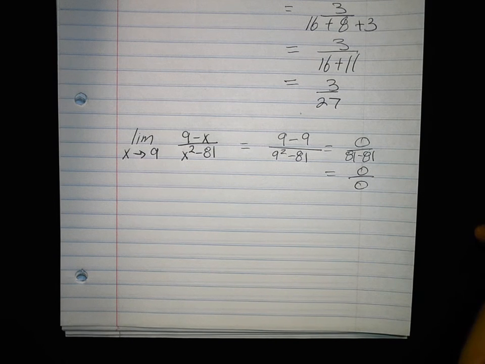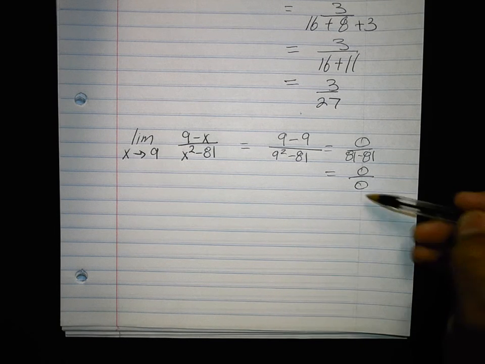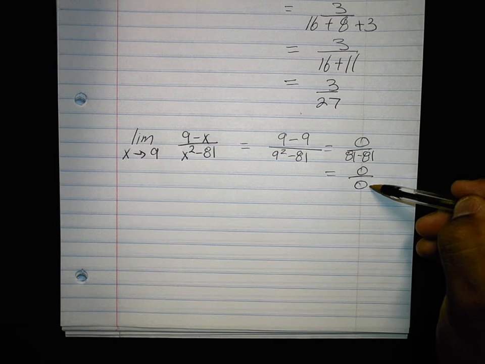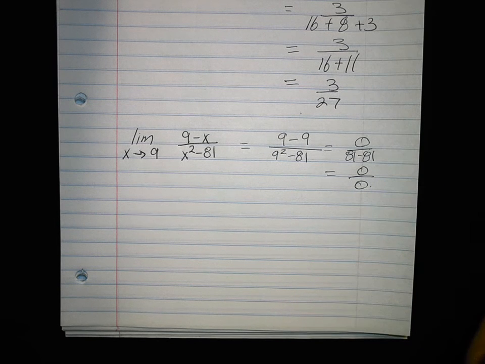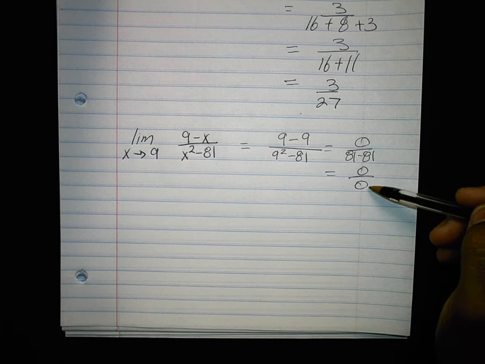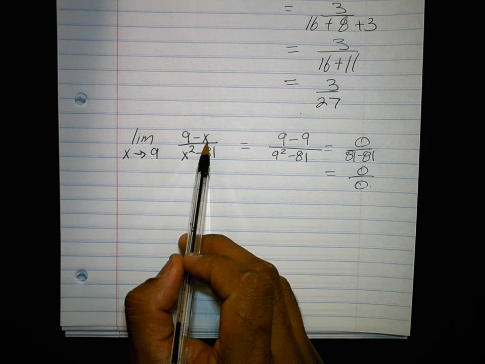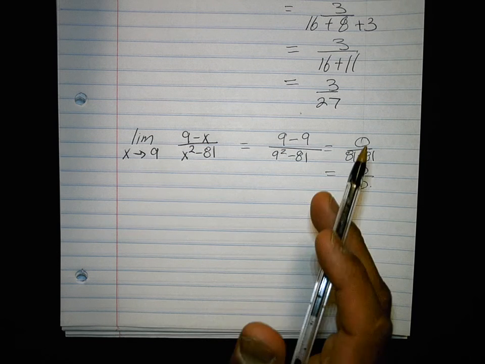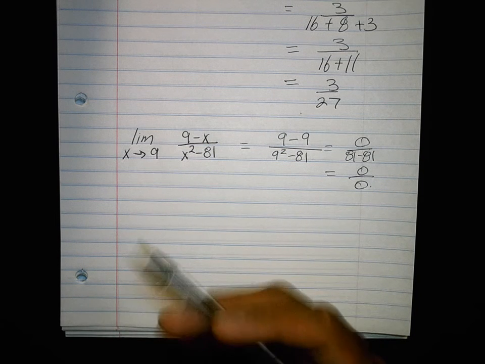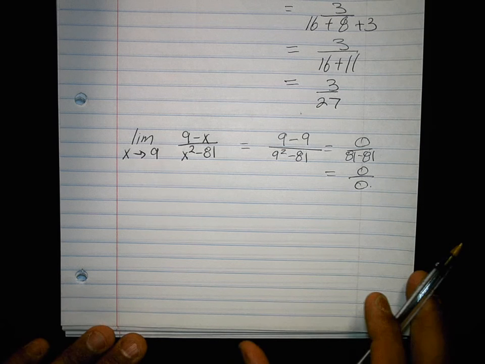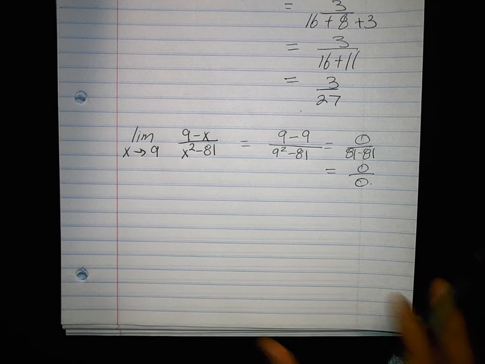The biggest issue is that I have a 0 in the denominator. Okay. So I don't really know what's going on in terms of a limit, so this is not going to work by simply doing direct substitution by plugging in the 9. So it doesn't mean that it doesn't have a limit, it just means I can't use direct substitution off the bat. And so we're going to use some basic algebra here to kind of get around this.